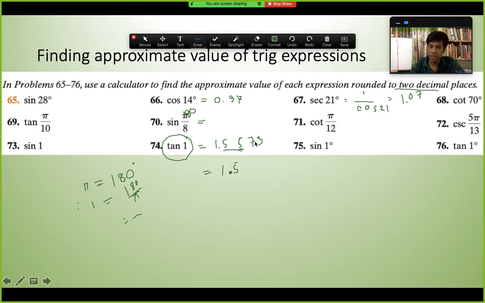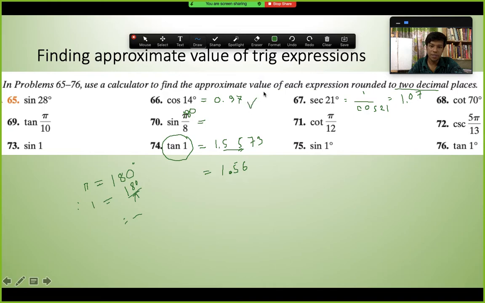If the number is 5 or more than 5, then you have to add 1 to the previous number. That means this will become 6. This is the rule: if we are taking up to 2 decimal places, and the next number is 5 or more than 5, then we add 1 to the last number that we are taking. So this is the rule for rounding.